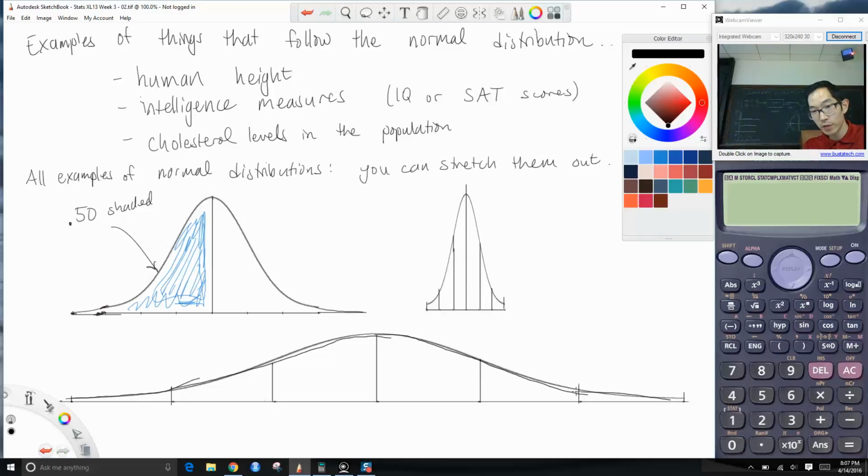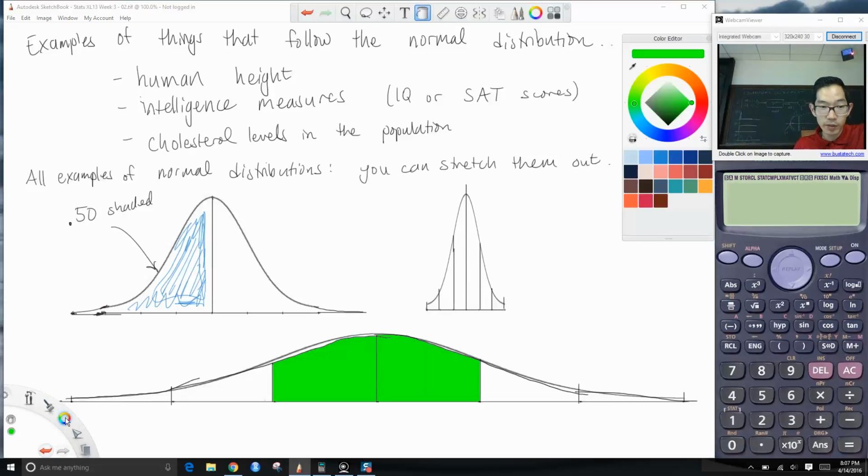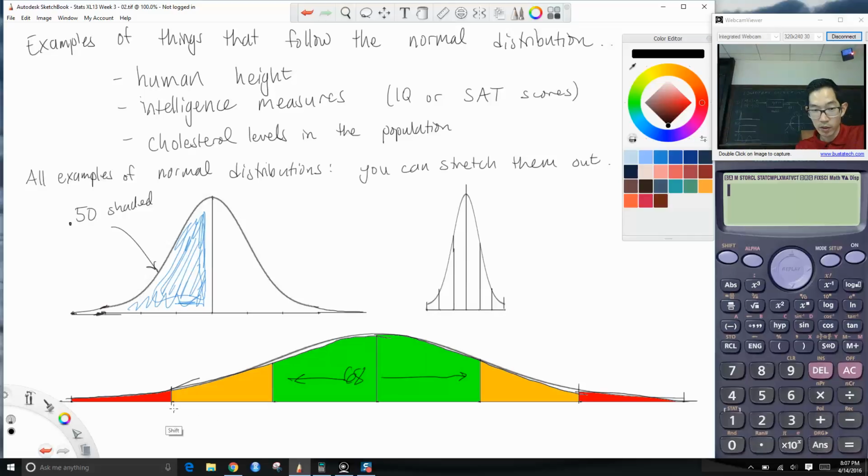So even if I've stretched them out, we have the same 68, 95, 99.7, even though it's way stretched out here. So this would be 68%, from here to here would be 95%, and from here all the way to here would be 99.7%.